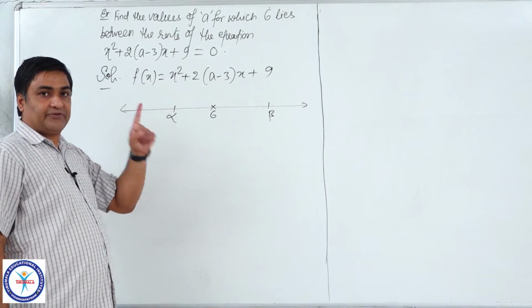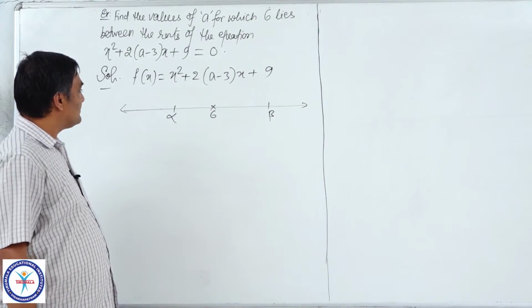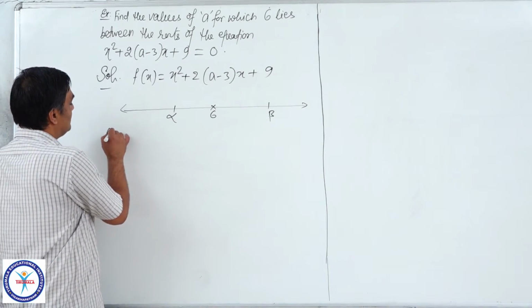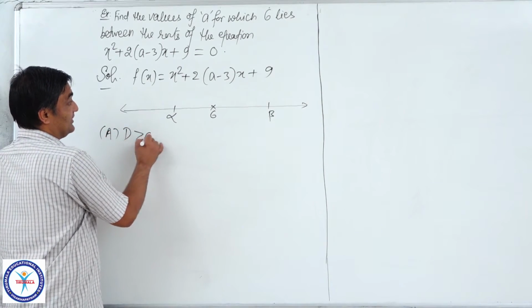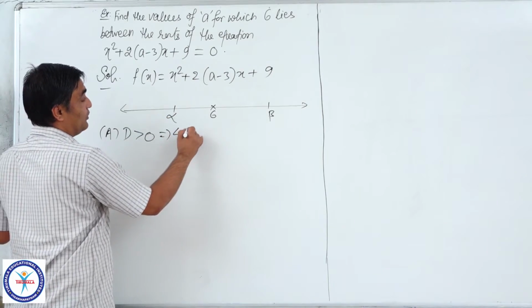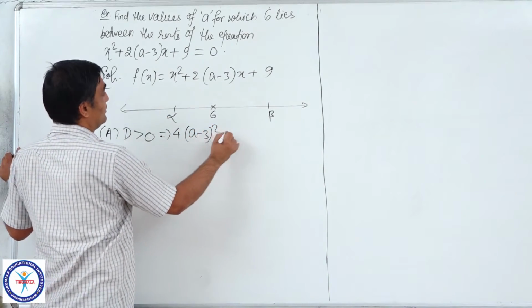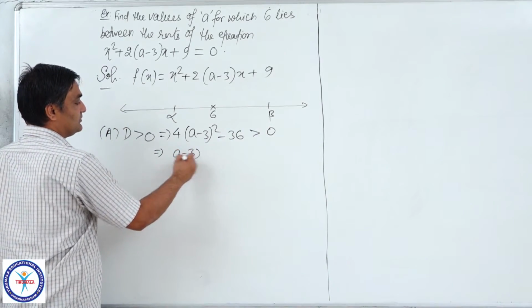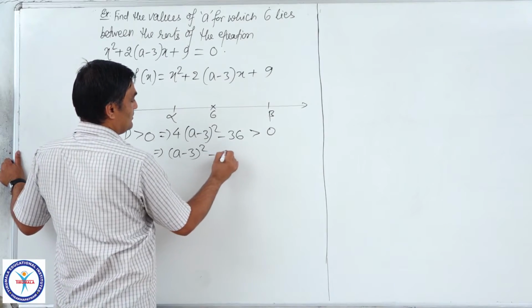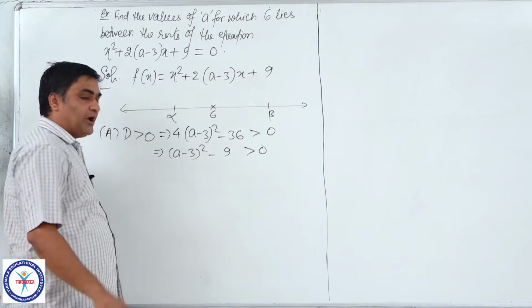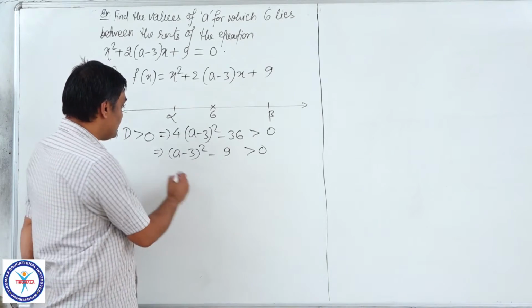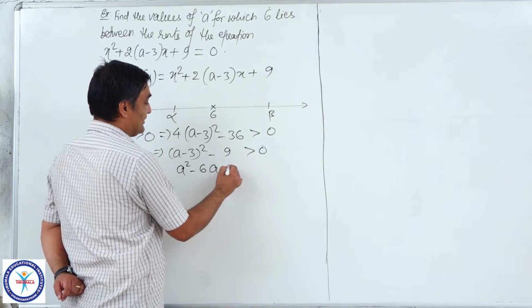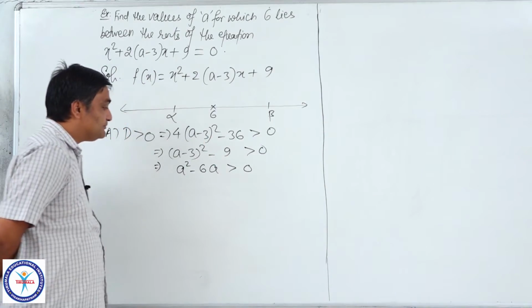Here the coefficient of x², a, is positive, fine. So what are the conditions? D greater than 0. D means 4(a−3)² − 36 greater than 0, so (a−3)² − 9 greater than 0, a² − 6a greater than 0.